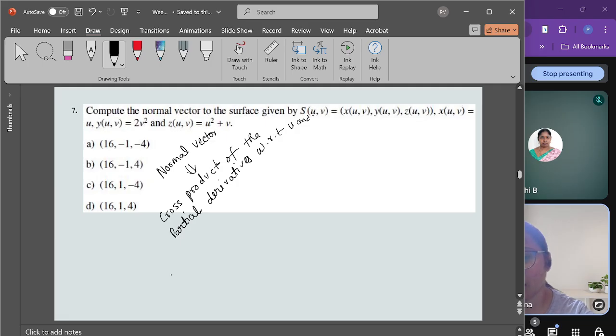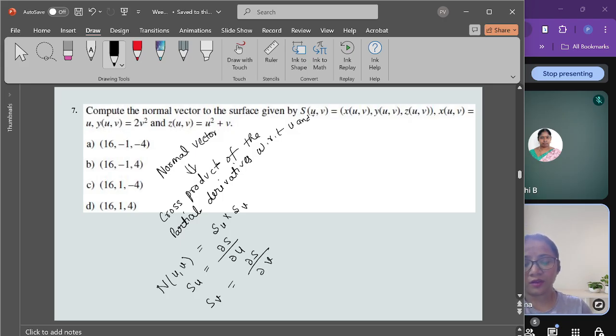It is simply represented as the normal N(u,v) equal to S_u cross product S_v, where S_u is del S divided by del u and S_v is del S divided by del v. So the normal vector is represented by this, where S_u and S_v are the first partial derivatives with respect to the given surface.